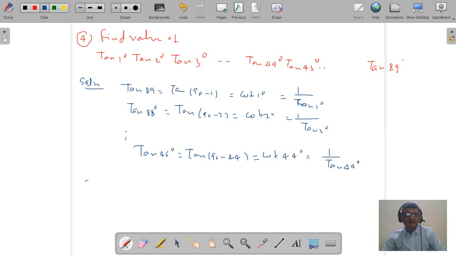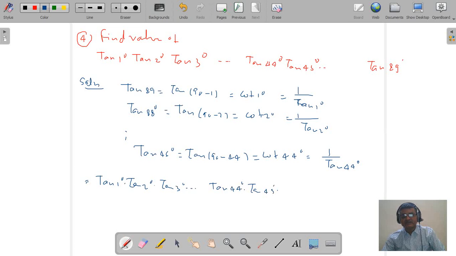So the solution is, say, for tan 1 degree, tan 2 degree, tan 3 degree, likewise tan 44 degree into tan 45 degree.